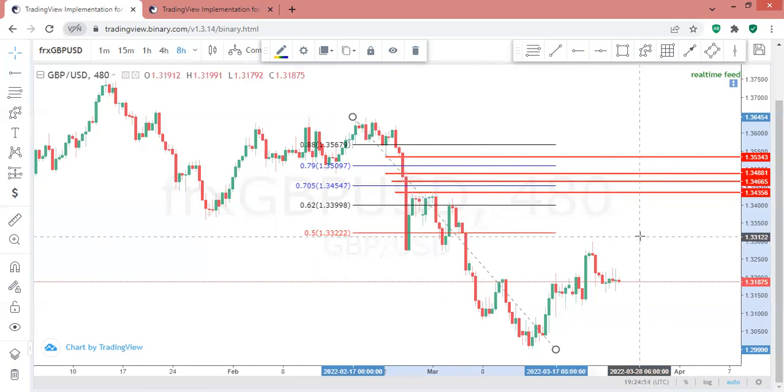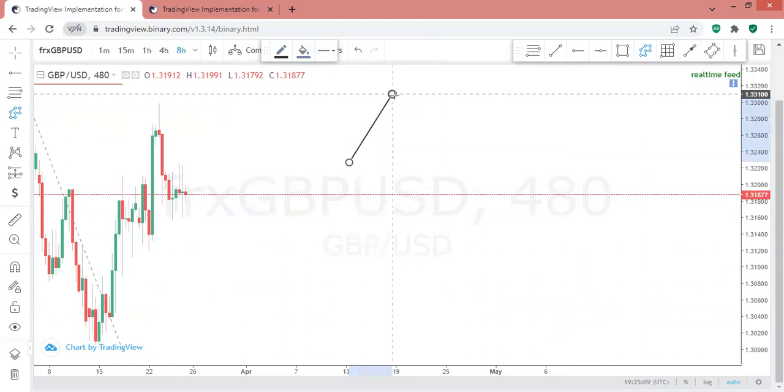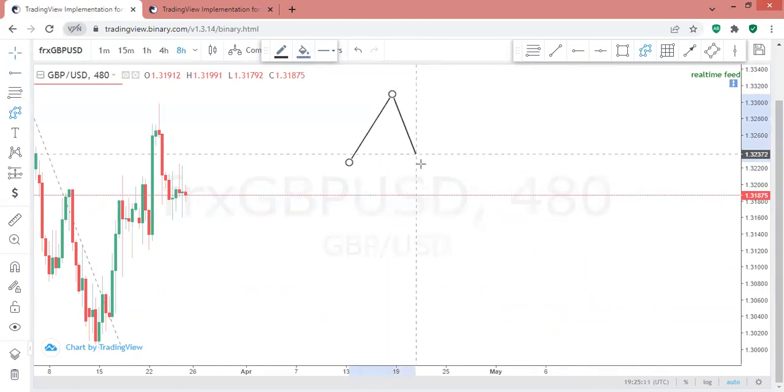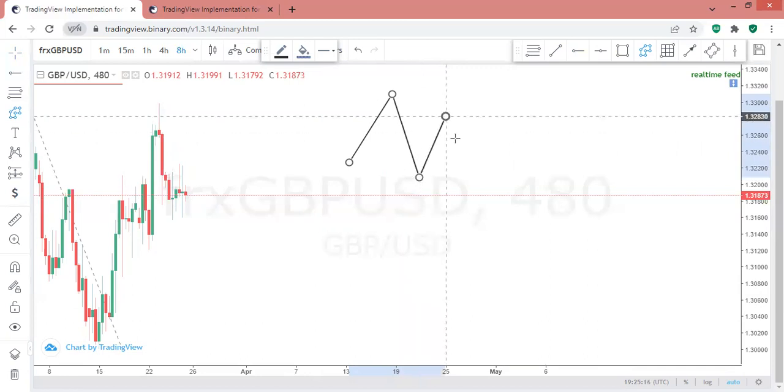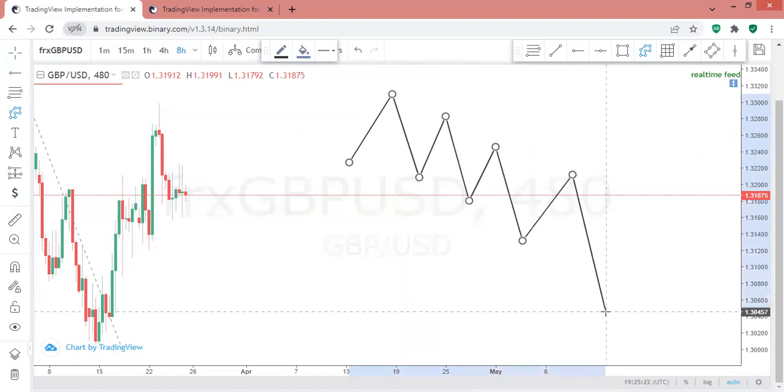One of the things we still look for to confirm our entry is, when price comes into this area, I expect it to create a break of structure to the downside and start creating lower highs, lower lows, lower highs, lower lows.